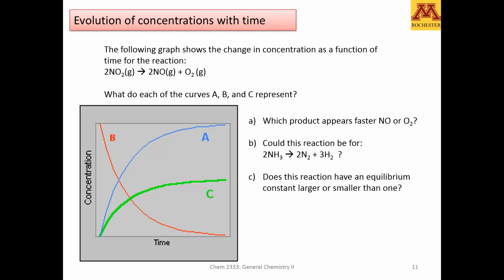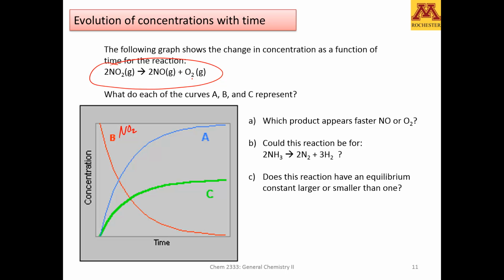So let's practice a little bit. In this case, we're being offered one reaction and we are being asked again which curves represent which component. The first step is that the reactants will be disappearing with time, therefore nitrogen dioxide will be disappearing with time.